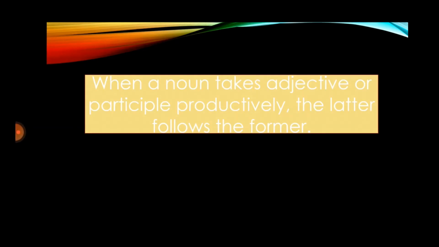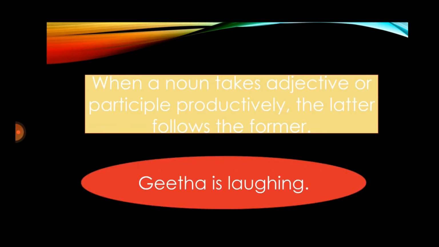Hello my dear students, and now we are going to start again about sequence words. When you say sequence words, you have certain formalities like procedures. You have one here. When a noun takes an adjective or participle productively, the latter follows the former. Now you see, Geeta is laughing.